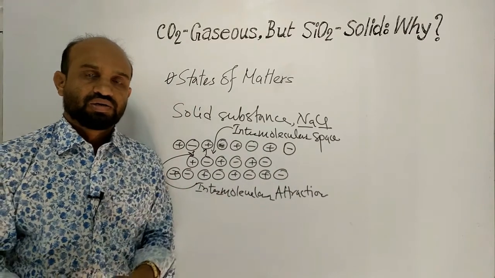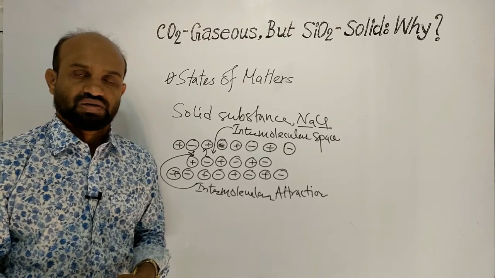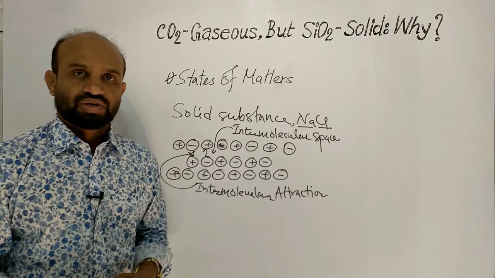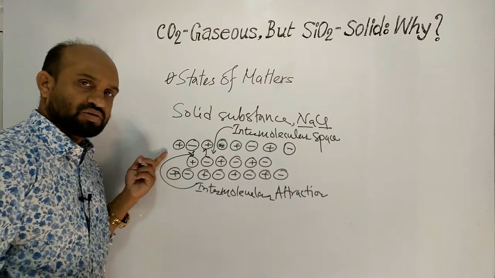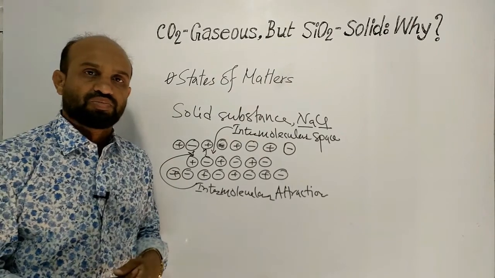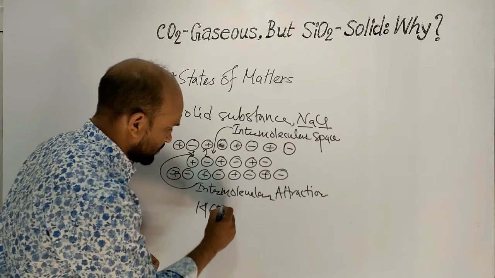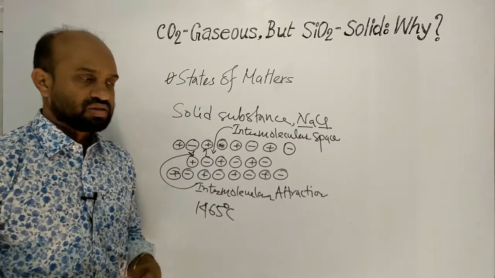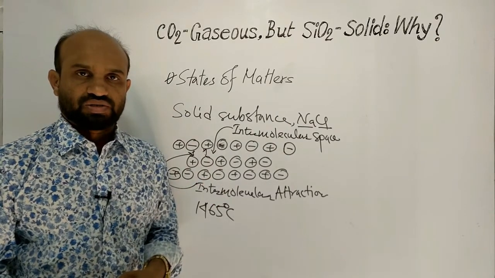That is why the particles remain close to each other and form a solid substance. And for this reason, the boiling point of sodium chloride is 1465 degrees Celsius. This is very high. This is the structure of a solid substance.